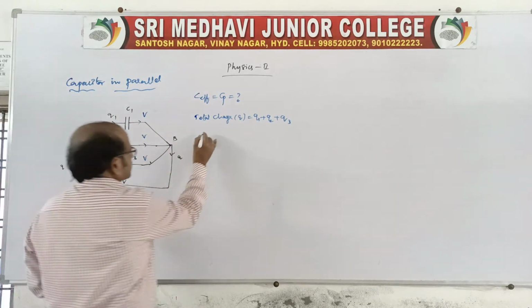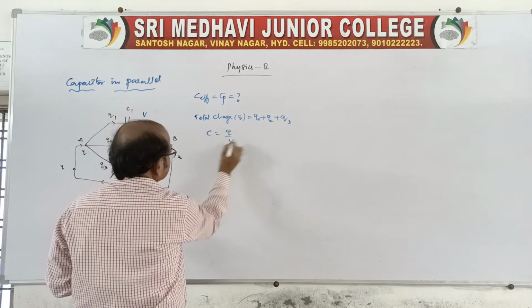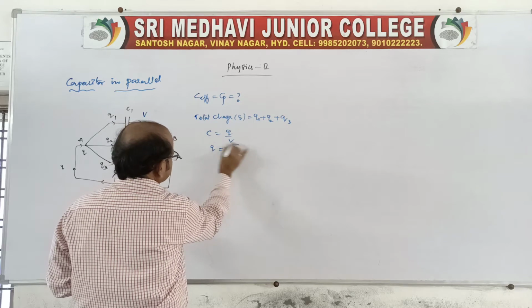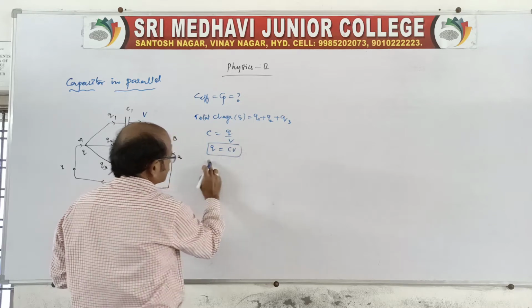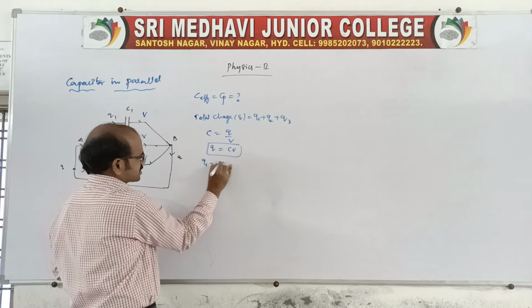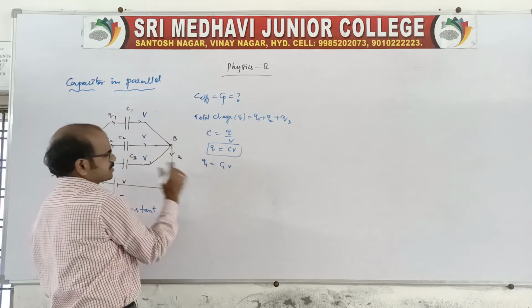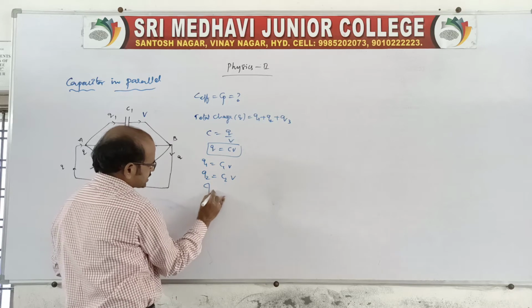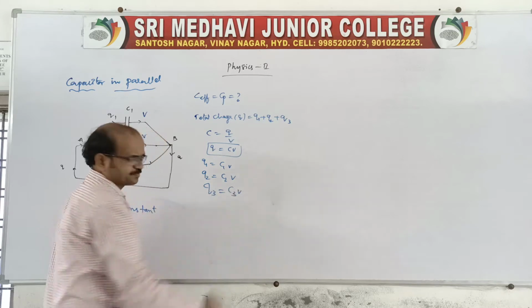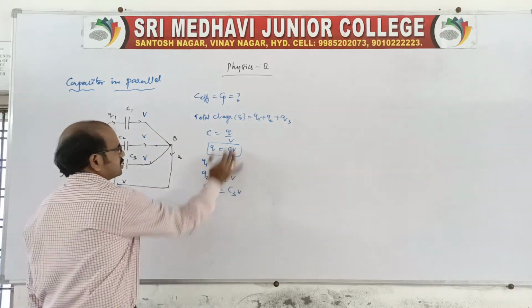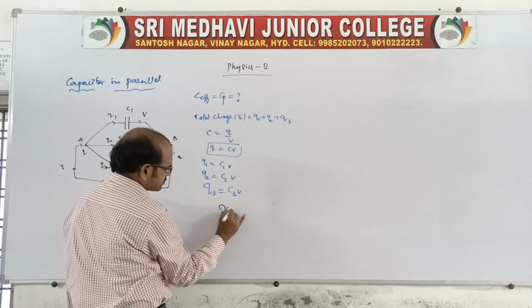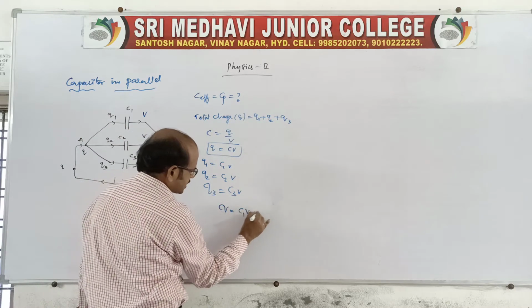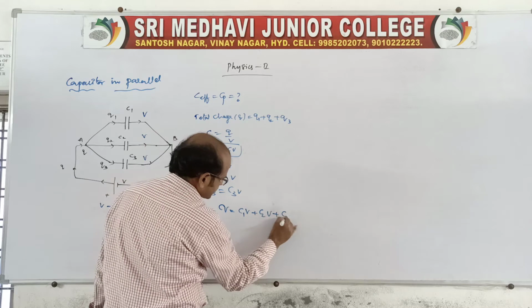We know the capacitance C is equal to Q by V, so Q is equal to CV. Now Q1 is C1V, because V remains the same, Q2 is C2V, and Q3 is C3V. Substituting, CV is equal to C1V plus C2V plus C3V.